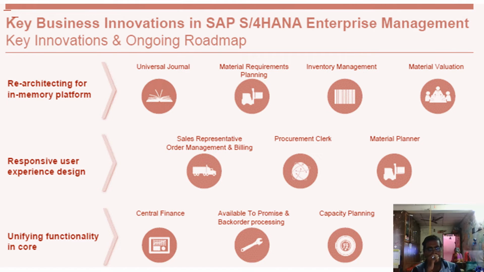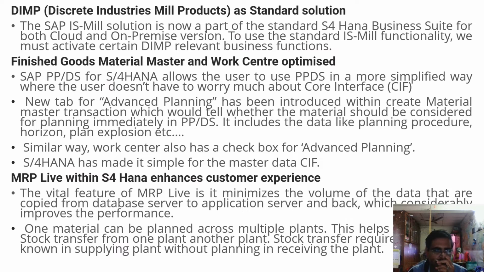Okay, and then we have responsive user experience design, which covers sales representative, order management and billing, and then procurement clerk and material planner. Okay, and then unifying functionality in core, which covers central finance, available to promise and backorder processing, capacity planning, and industry solution to the core, which are the key business innovations in SAP S/4HANA Enterprise Management. Okay, so these are the important things.